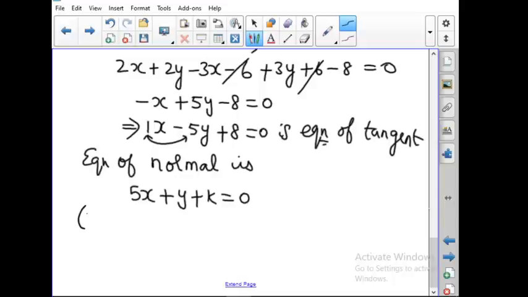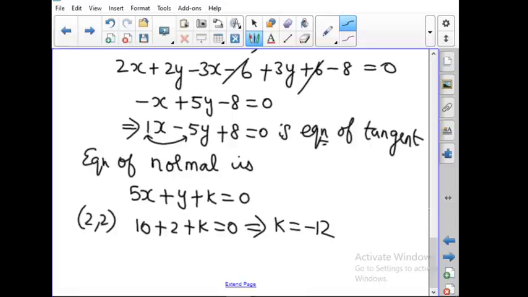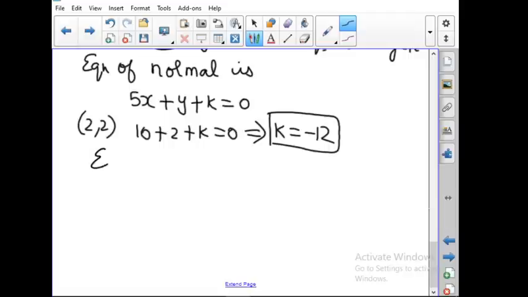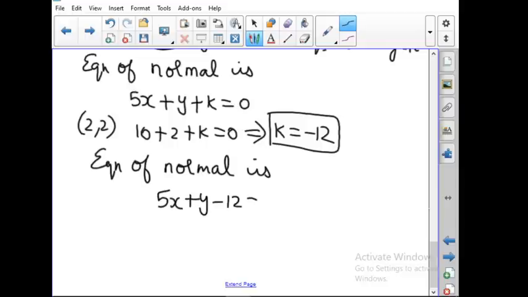So we have to substitute 2, 2 here. It will become 10 plus 2 plus k equal to 0. That implies k is equal to minus 12. So we got the value of k. Therefore the equation of normal is 5x plus y minus 12 equal to 0.